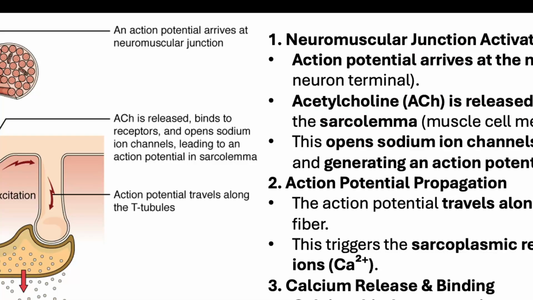Acetylcholine is released, binds to the receptors on the sarcolemma, the muscle cell membrane. An action potential arrives at the neuromuscular junction from the motor neurons. ACh is released, binds to receptors and opens sodium ion channels, leading to an action potential in the sarcolemma.